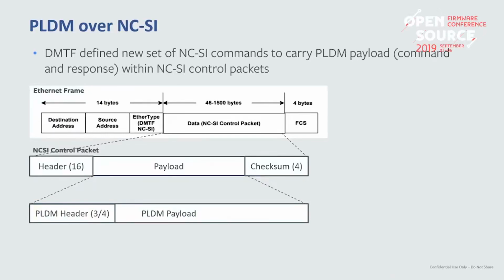In this case, the PLDM payload is limited by the Ethernet frame size. The total NCSI packet can be 1,500 bytes, so the PLDM payload can be something like 1476 bytes, basically limited by the Ethernet frame. If you run PLDM over another medium, the maximum size will be different.